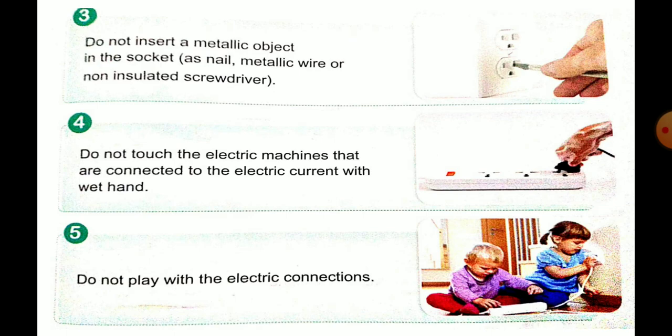Number 4, do not touch the electric machines that are connected to the electric current with the wet hand, as you see in this picture. And finally, don't play with the electric connections, as you see in the last picture. So, all this information helps us to deal with the electricity.